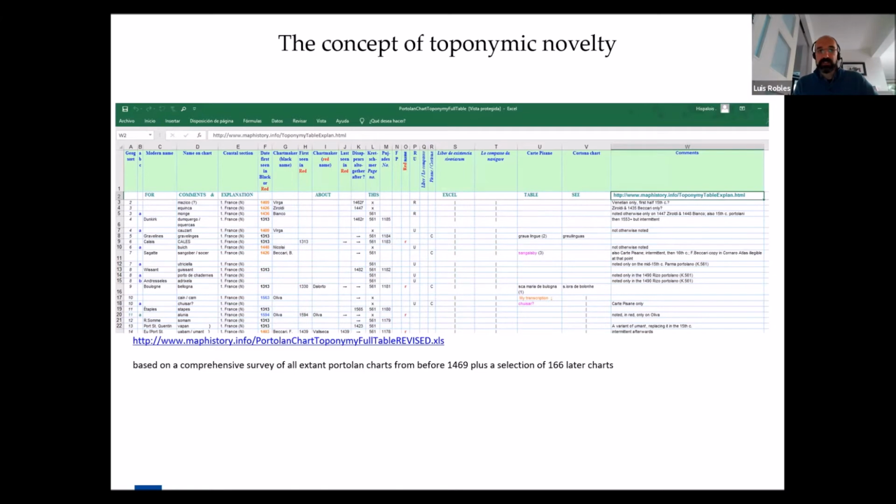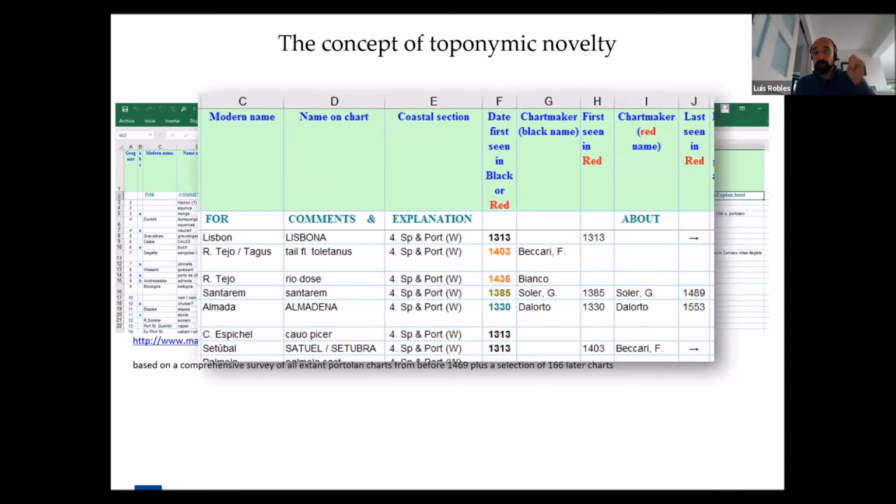So it's a lot of data that has gone into that compilation. For each of them, he records the name as it was found in the first chart that used it, and eventually when the toponym was first written in red, since some toponyms are promoted from black to red over time, and some additional data.